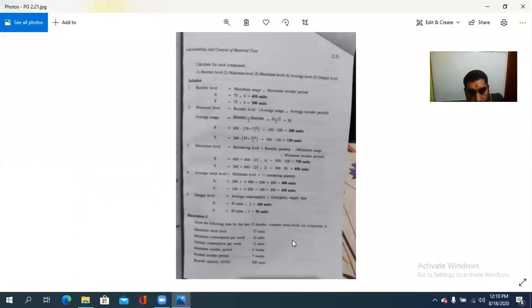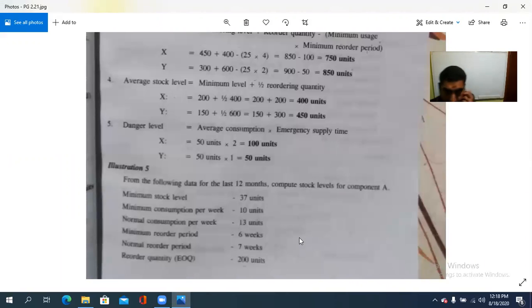Okay, see the problem. From the following data, compute the stock levels for the component A. Minimum stock level is 37 units. Minimum consumption per week is 10 units. Normal consumption per week is 13 units.